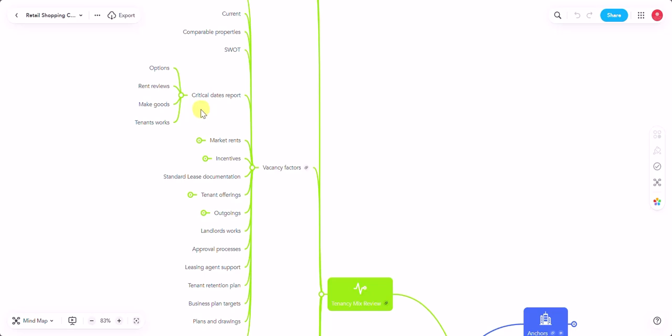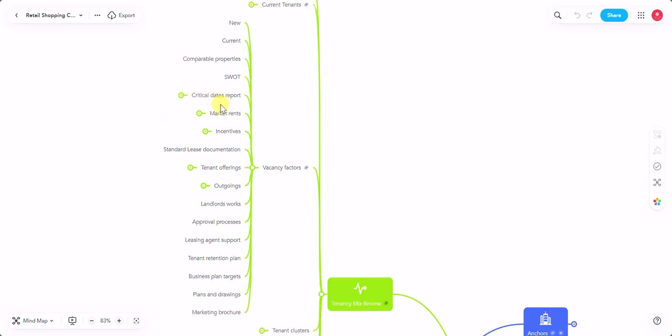The leases will have critical dates. The vacancies will be there whilst you're dealing with critical dates, which could be options, rent reviews, the make goods with tenancies, tenancy works.